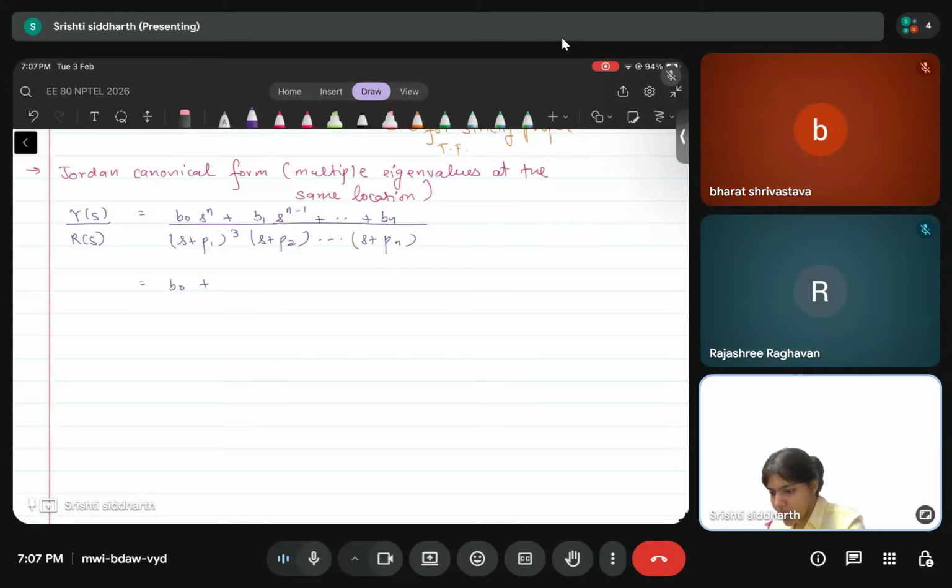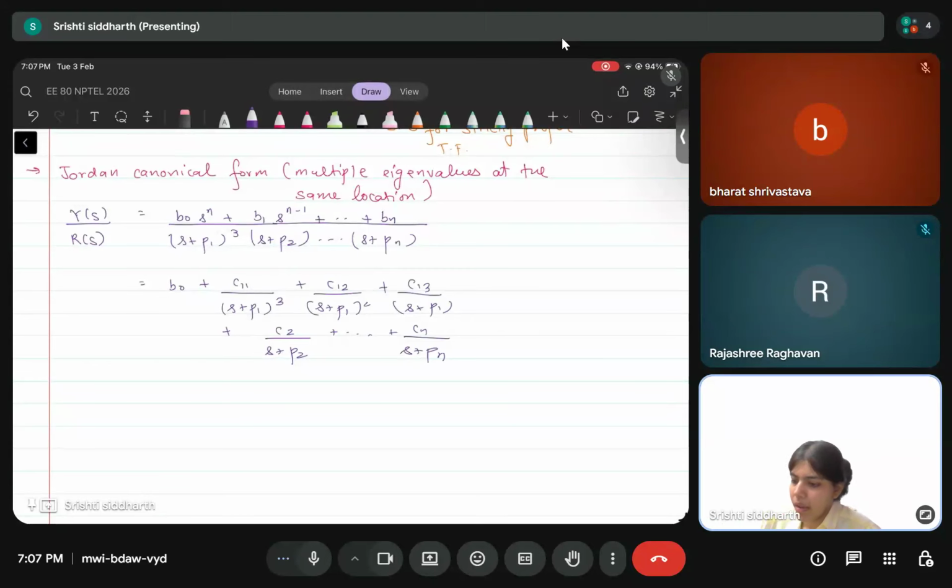So let's name them c11 over (s plus p1) cubed, plus c12 over (s plus p1) squared, plus c13 over (s plus p1). And since the other eigenvalues do not repeat, this is simply c2 over s plus p2, up to cn over s plus pn.